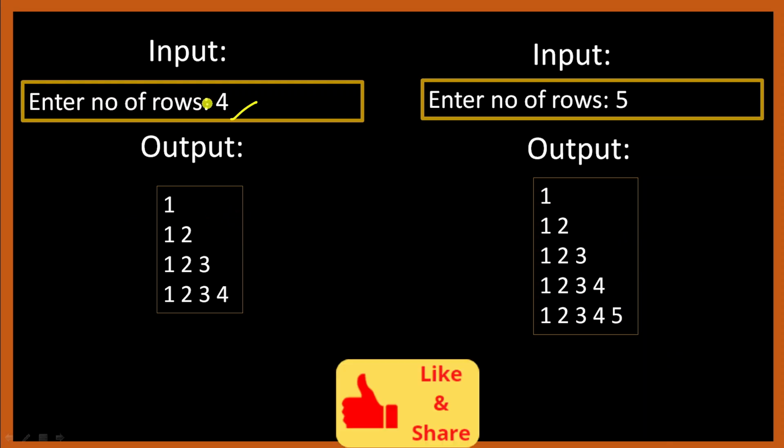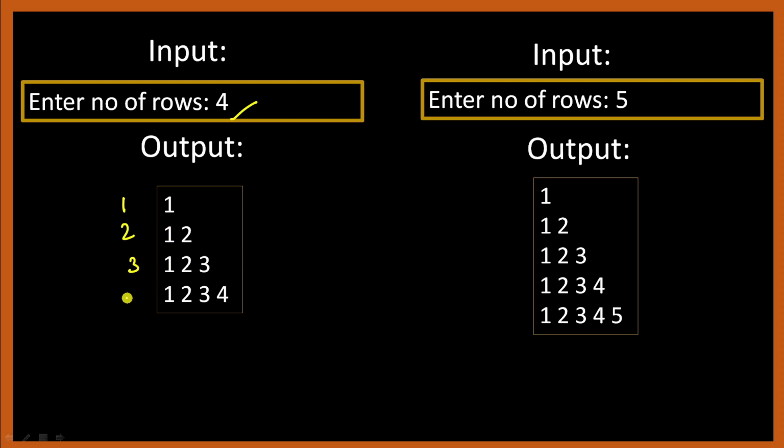So you can see there are 4 rows that have to be printed, as told by the user. So this is row number 1, this is row number 2, then row number 3, and then this is row number 4. So 4 rows. Now in the first row 1 is there. In the second row there are 2 digits, or you can say 2 numbers.